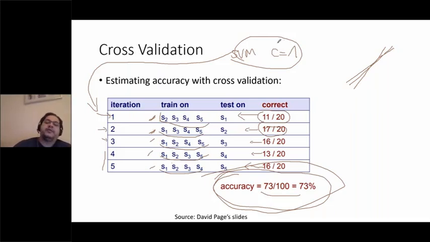It is an accuracy for that C, for that SVM plus what we did to build my model. It's the hyperparameters, actually. It could be other things too, like pre-processing, such as scaling the data. We are evaluating the process that we have done to reach these 5 models. Here, in this case, it's SVM with C equal 1, and we are evaluating how this performs. This is its accuracy when we use cross-validation.